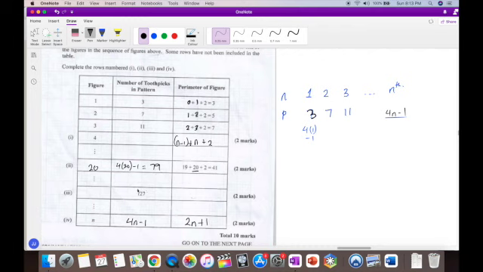For part 3, if this is 127, that means that 4n minus 1 gives me 127. So 4n is equal to 128. I throw the minus 1 across. And n is 128 divided by 4, which is 32.